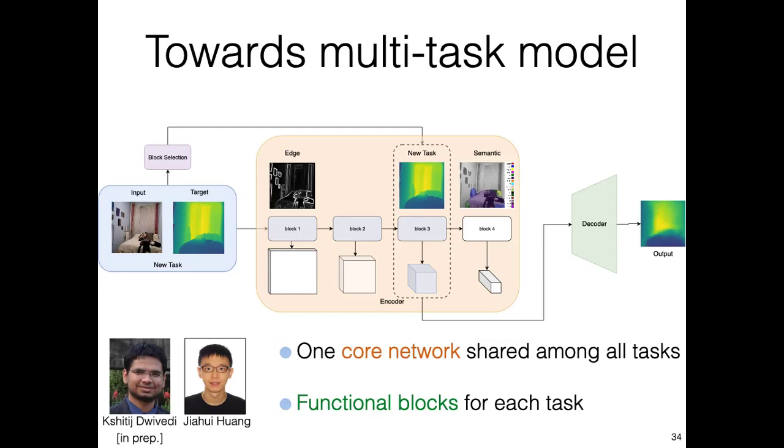And this would also allow us to select from where to branch when we have a new branch. And it also allows doing this multitask learning in a continuous way, learning first one task and then another task, because the core network is shared and it doesn't change in one of the setups, and in another setup it's just modulated. So it doesn't affect the other tasks that have already been learned.